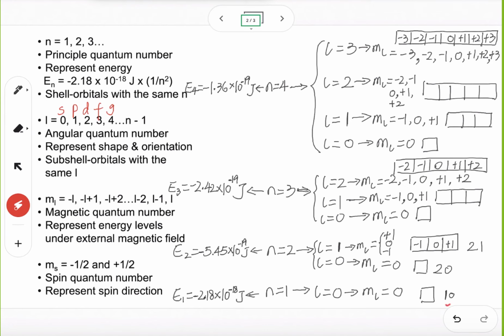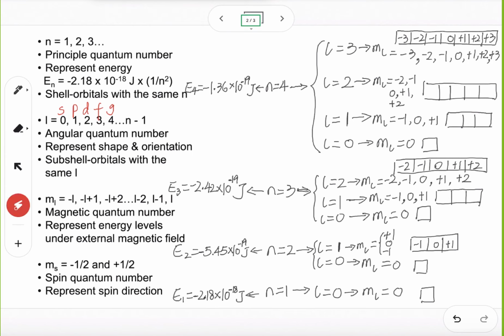So this labeling could be very confusing. But if you replace the numbers of L by these letters, then it would be better. So let me erase these and let's use the letters to label them.